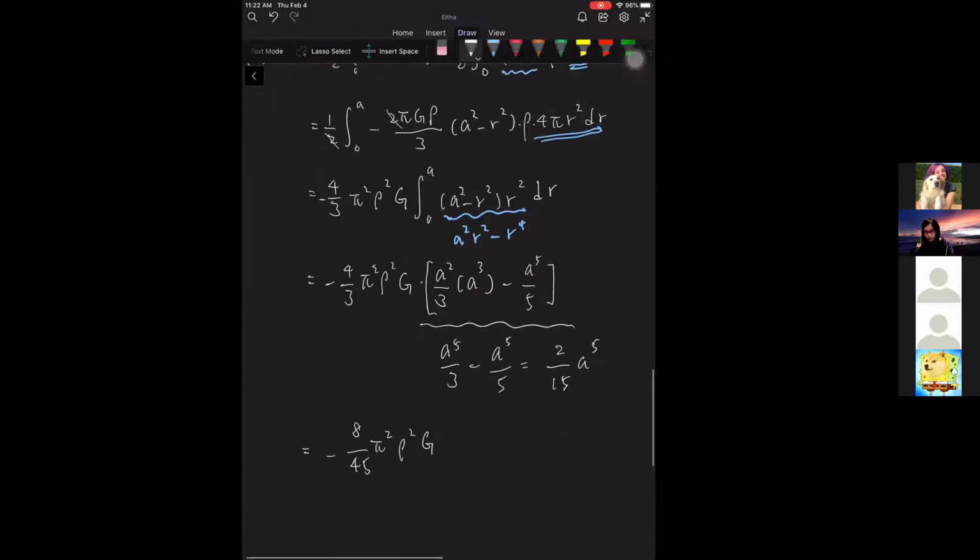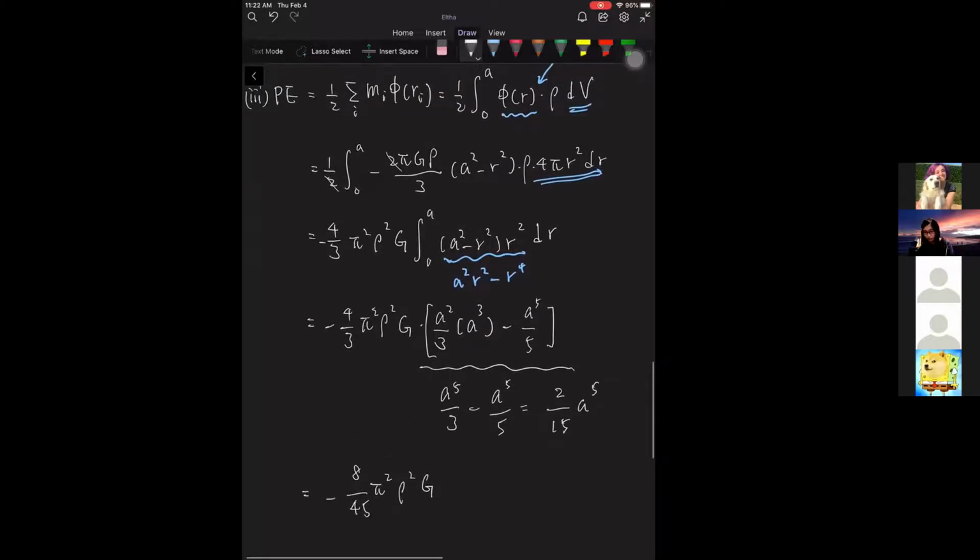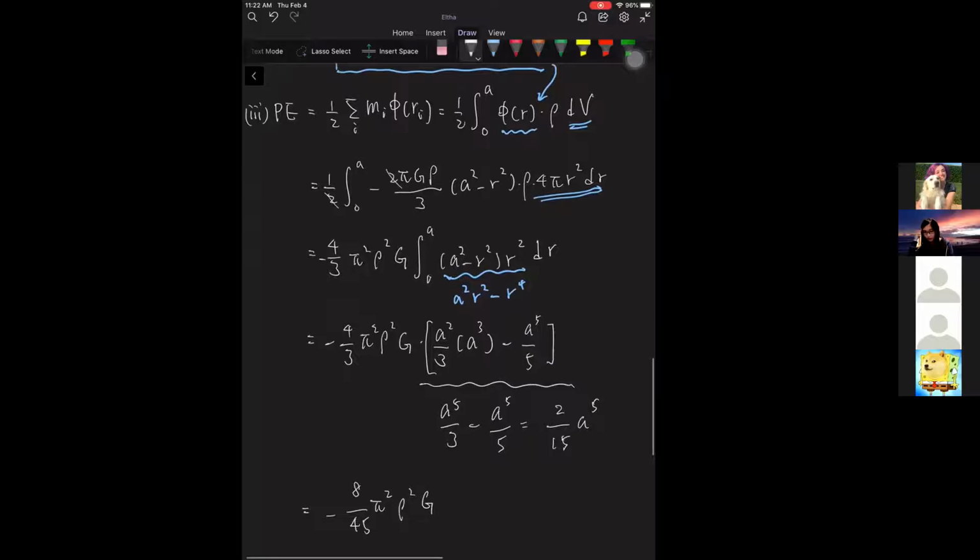And that doesn't look like the uniform density potential energy. So just let me know if you see something weird.